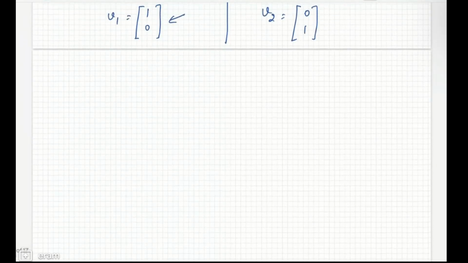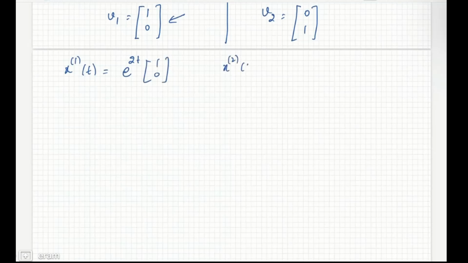Okay, so now with this in hand we have to find out x(t). Before that we have to find out x1(t), so it is e to the power 2t [1 0], and for x2(t) you have to do some calculation, so it is e to the power 2t (I plus (A minus 2I) t) into [0 1].